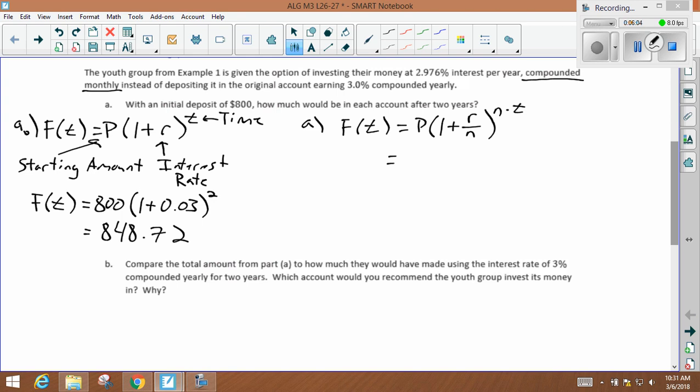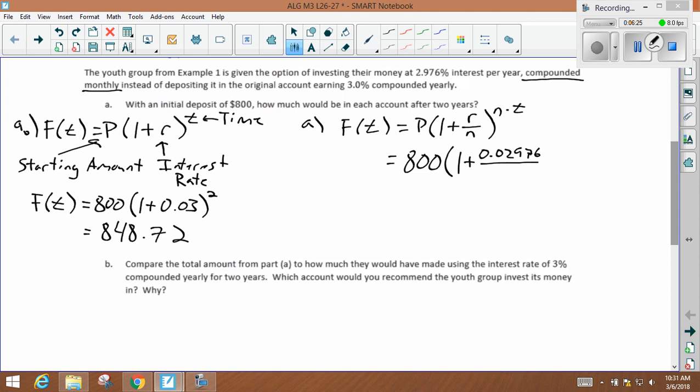So now we want to know how much money we would have. So P is 800. 1 is just 1. Our rate, it says, is going to be 2.976. We got to turn that into a decimal. 0.02976 divided by n.